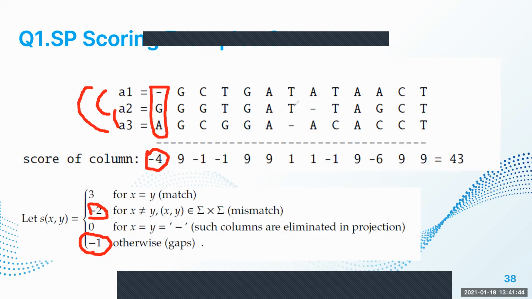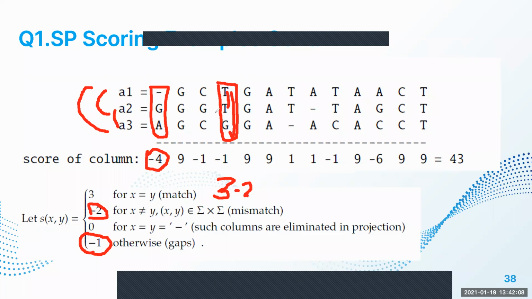Then if you get a column like this, T with T is a match, so we have 3. Then T with G is a mismatch, so -2.